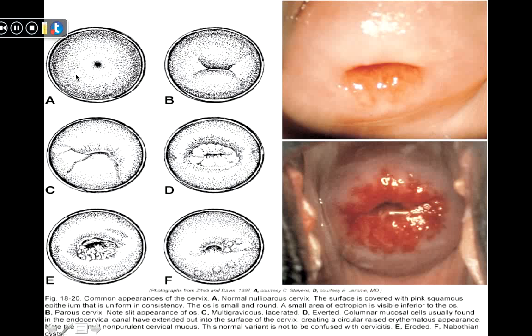This is a great diagram that talks about the common appearances of the cervix. We have a normal nulliparous cervix here. We've got a parous cervix here. This is a multigravid lacerated cervix. We've got an everted cervix where kind of the inner portion of the cervix is kind of out, and the mucosal cells have extended out to the surface, creating a raised erythematous appearance.